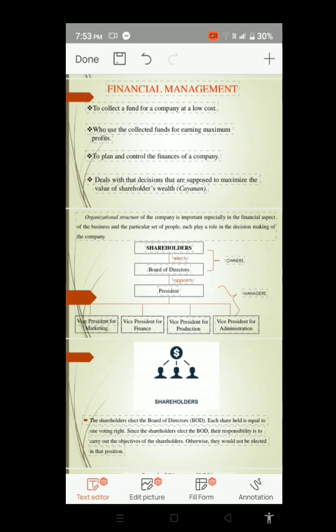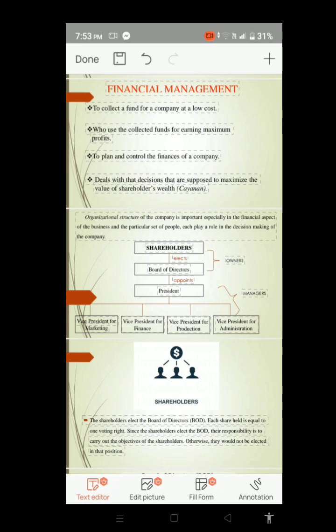The organizational structure of the company is important, especially in the financial aspect of the business, and the particular set of people which play a role in the decision making of the company: shareholders, board of directors, president. Shareholders and board of directors are the owners. Then Vice President for Marketing, Vice President for Finance, Vice President for Production, and Vice President for Administration.